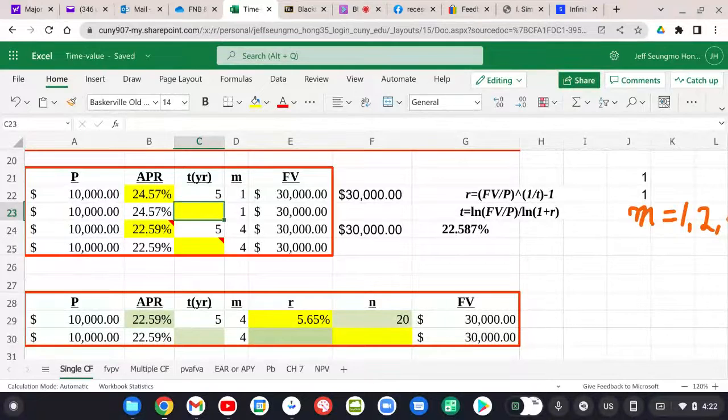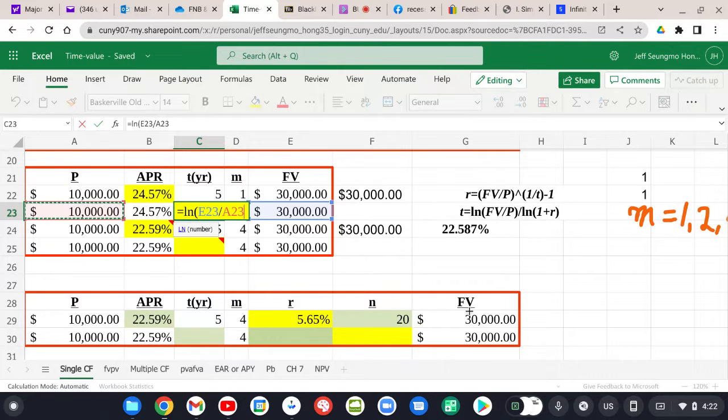Okay, and we're gonna ignore m for now, because when m is 1, it doesn't make any difference, right? So we're gonna take the natural log. You just enter ln of FV over P, divided by natural log of 1 plus APR, and hit enter and tell me what you got.